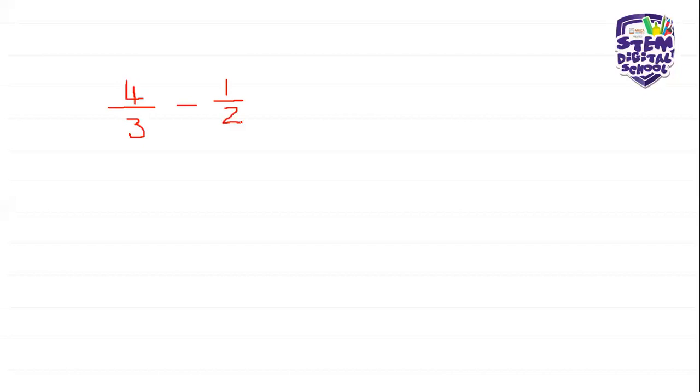What you can do is take the two denominators. What's 3 times 2? 3 times 2 gives you 6. So your common denominator for now would be 6.